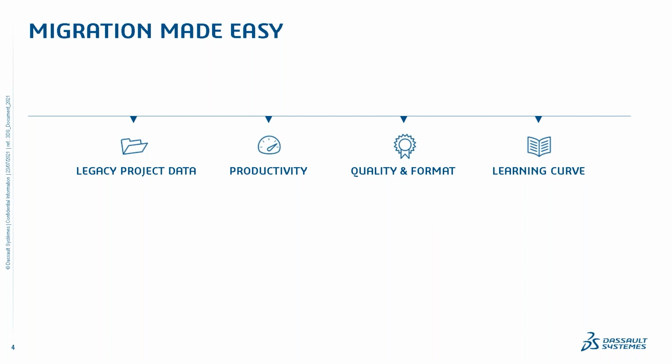These are the 4 buckets we're going to look at today: legacy project data, productivity gains, improvements in quality and format, and then learning curve. Specifically within each one of these, under legacy project data, I'm going to speak about title blocks, importing any symbols that you already use, and any manufacturer's parts that you've been utilizing up to this point, all of which are facilitated with fully intelligent wizards inside of our application.